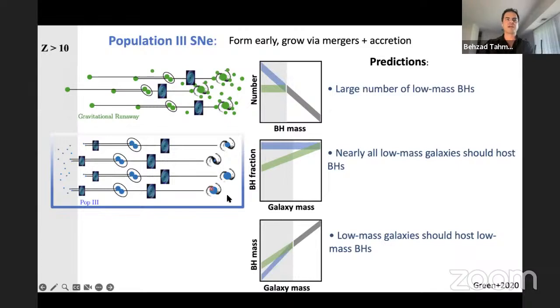The second scenario is actually Population III stars. There is an idea that the first stars in the universe were formed from hydrogen and helium. Some of them were so massive that they would quickly collapse directly into a black hole after forming.